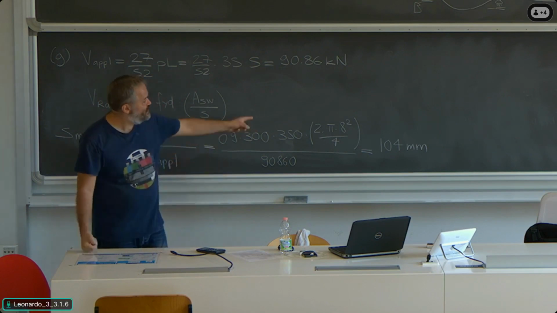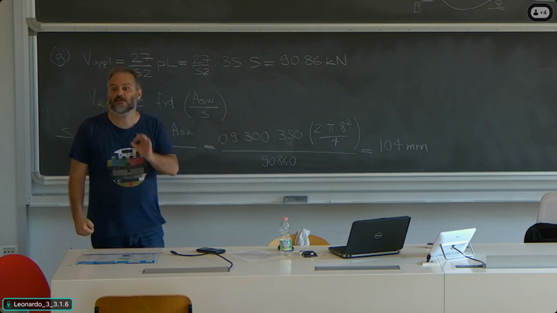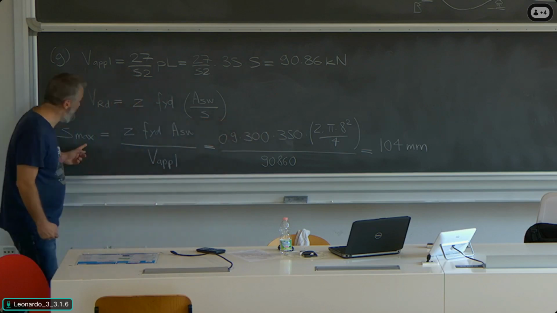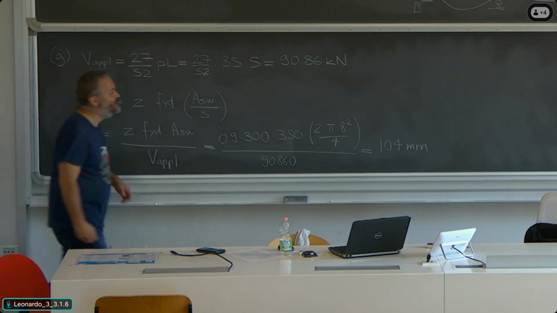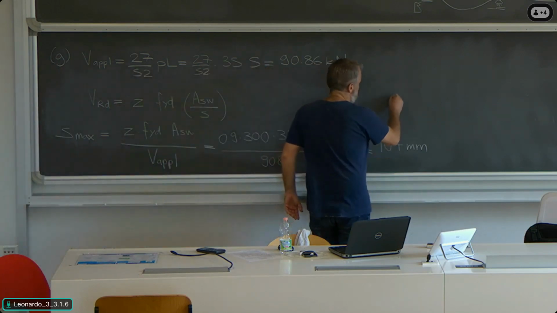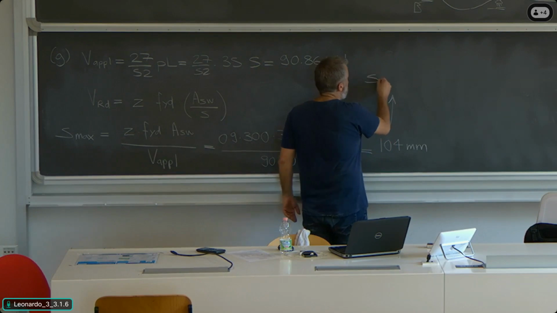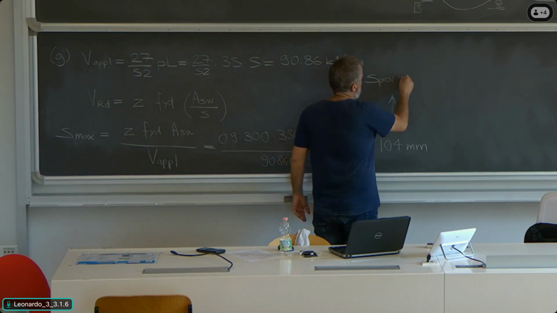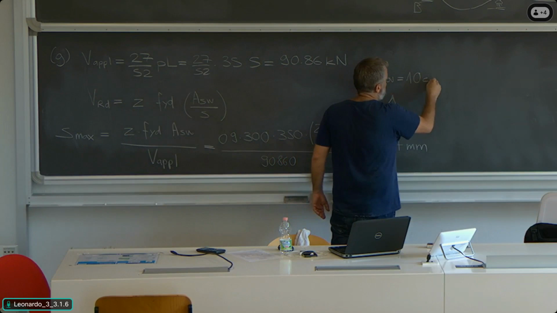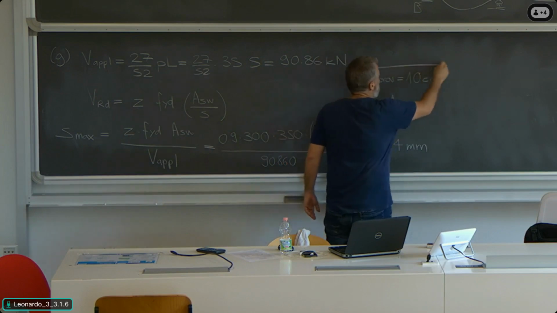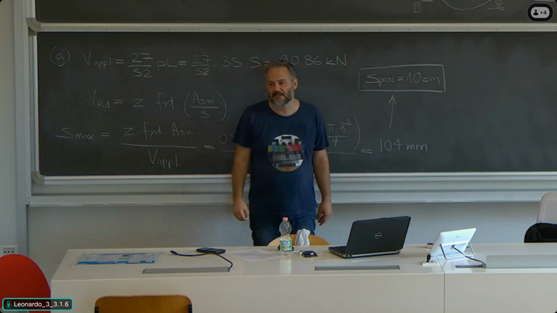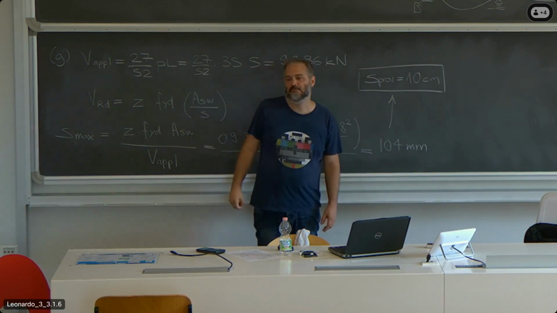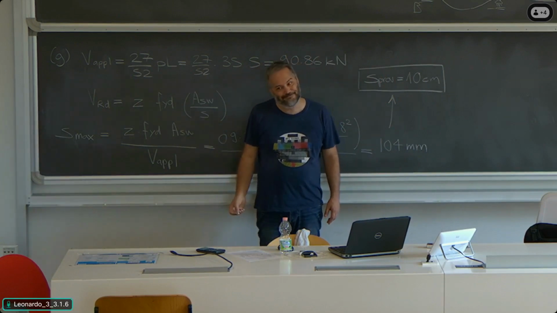So in this case, 10.4 becomes 10. That's why I wrote here, this is the maximum stirrup spacing. So I will write S provided equal to 10 centimeters. And the people who place the stirrups are happy because 10 centimeters is a very nice number instead of 10.4. Okay?